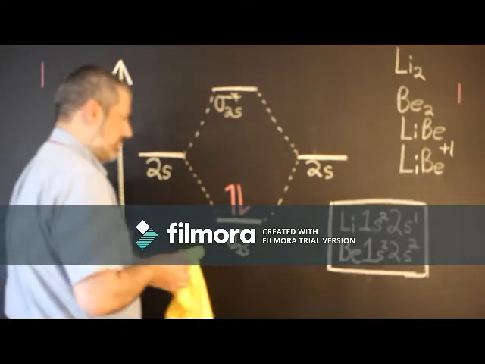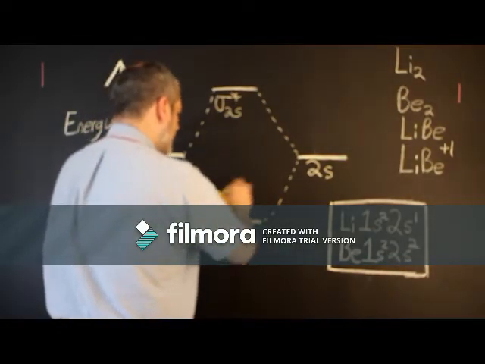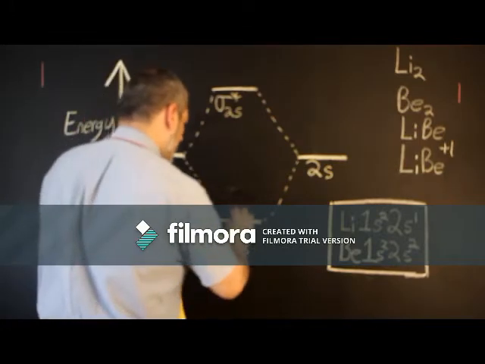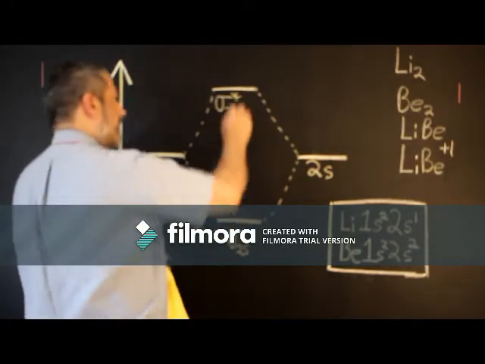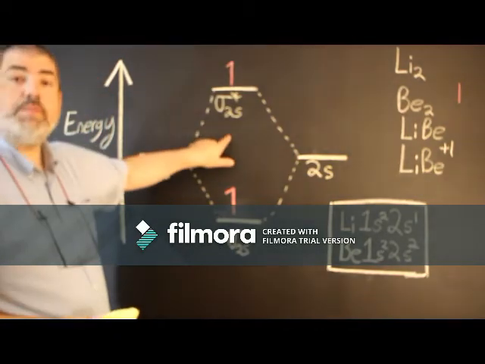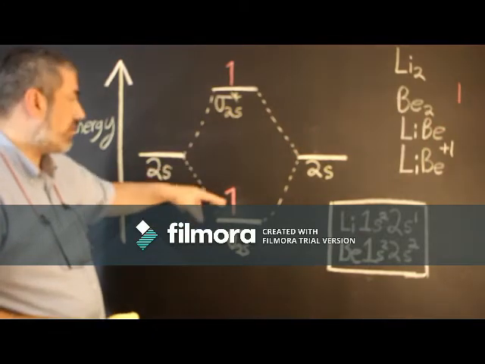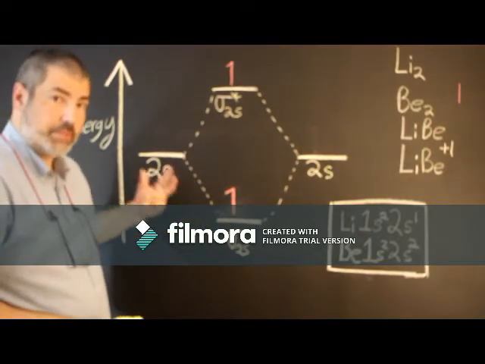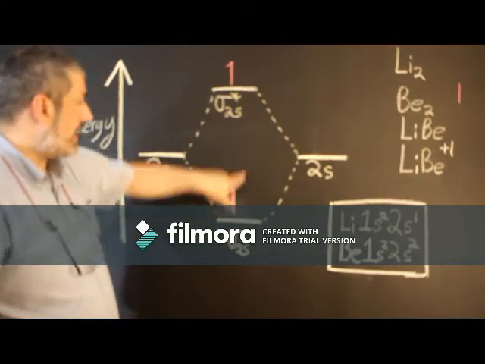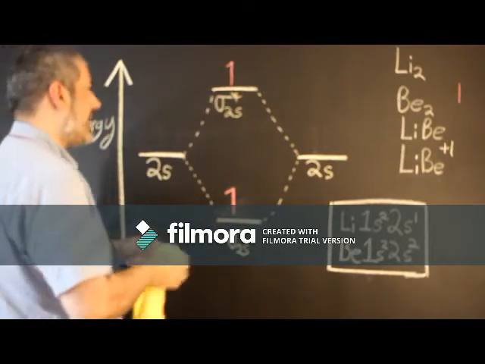Now you might make the argument, why can't I just put one electron in the bonding orbital and one in the anti-bonding? This would be an excited state. This would not be the ground state of our species. You would have to put in some type of energy to take the electron from the bonding orbital and throw it up into the anti-bonding orbital.